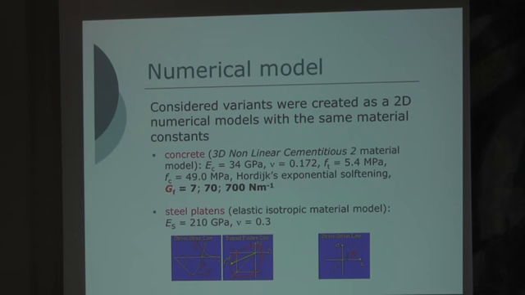We used contact elements between the steel platens and the concrete part of the specimen, and we made the calculation with the Newton-Raphson nonlinear method, with the increment of the deformation applied at the head of the steel platen.